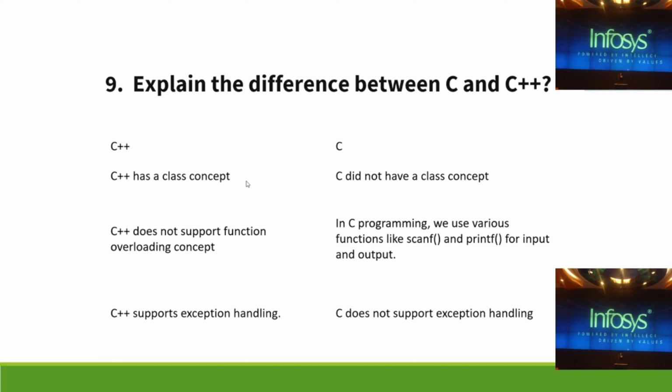And C++ supports exception handling, and C does not support exception handling. So these are the differences between C and C++. Then, once you remember the points, you can explain them to the interviewer.